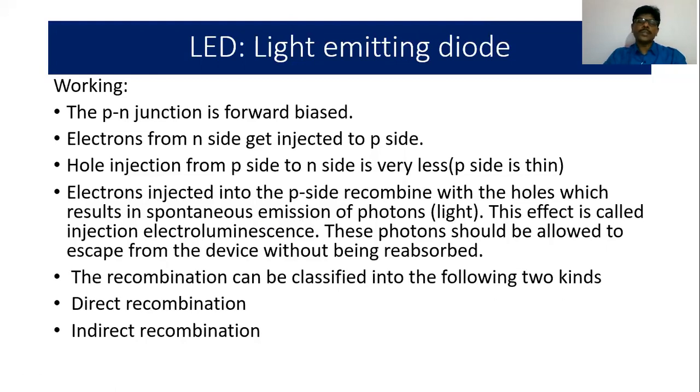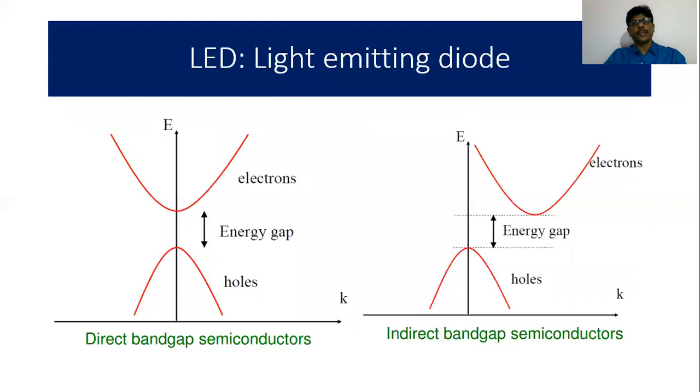Now, this recombination can be of two types. We have direct recombination and we have indirect recombination. Now in this diagram you would see on the x-axis you have the momentum vector k and on the y-axis you have the energy. In the first diagram you could see that the maximum of the valence band and the minimum of the conduction band occur at the same value of k.